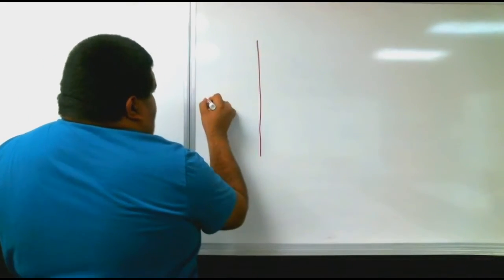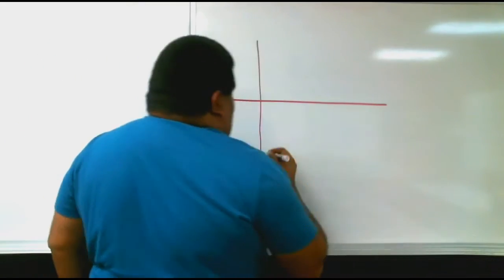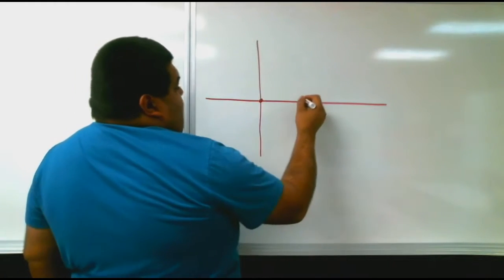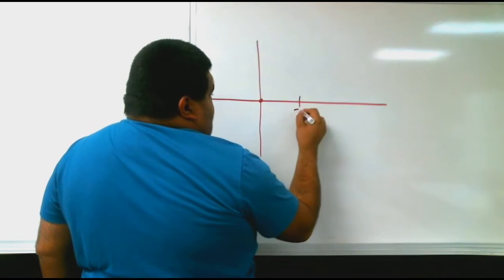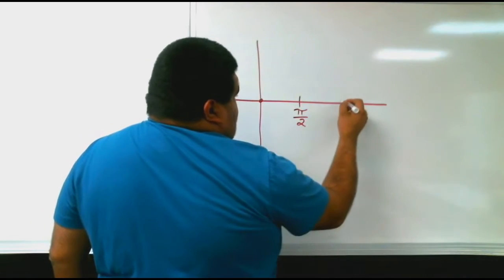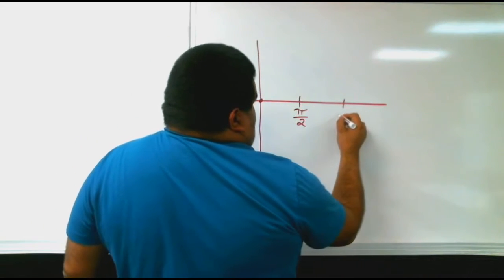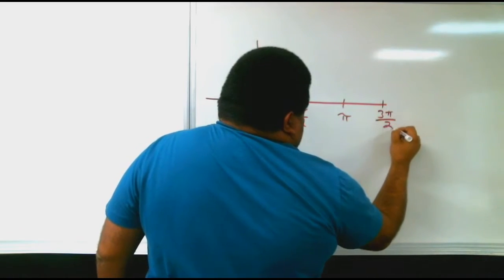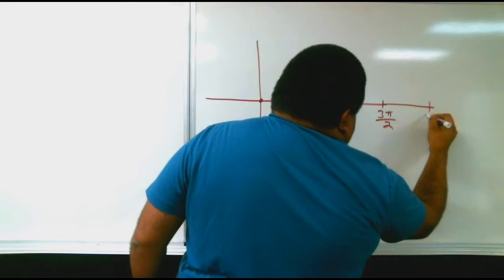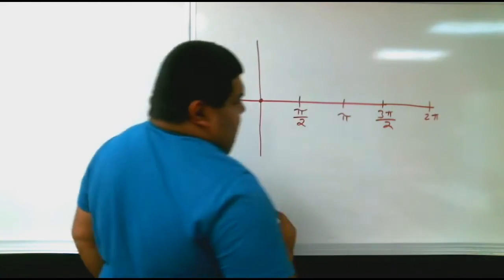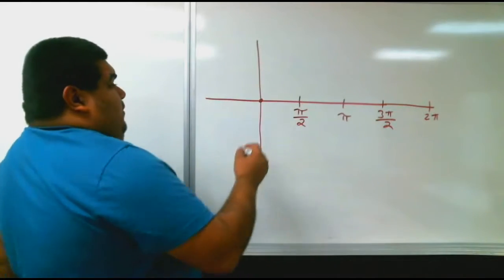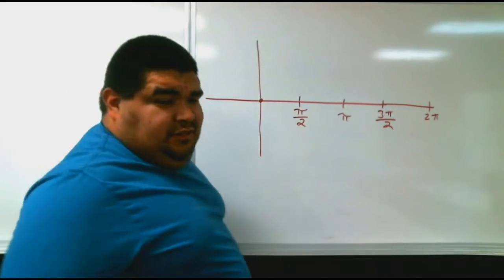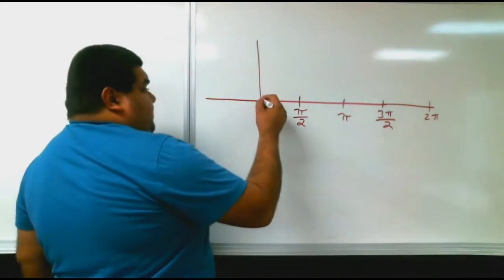We saw a graph where we had an origin, we had pi over 2, then we had pi, then 3 pi over 2, and then finally 2 pi. Our graph, depending if it's a sine, cosine, or tangent, I'm going to do a sine.